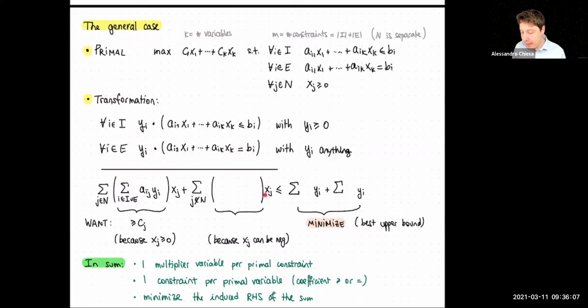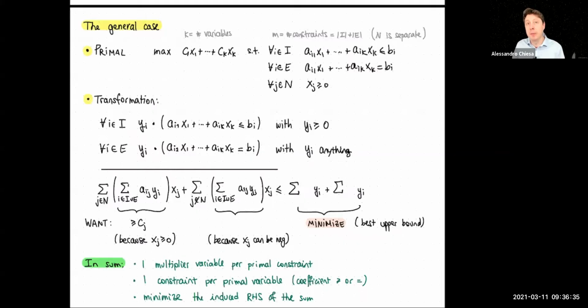I also have the other xj's to deal with. The xj can still appear here or here. So I'm still going to write the sum of i in I or E, aij yj. But now, xj could be negative. And so it is not the case anymore that it holds even more so if I make the coefficient bigger.